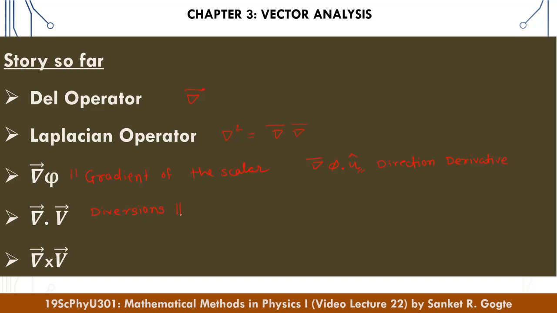Mathematically, Gauss's divergence theorem is written like this. It is del dot V over volume d tau is equal to V dot ds. Note here that the left hand side is volume integration and therefore a triple integration, whereas the right hand side is surface integration and therefore a double integration.